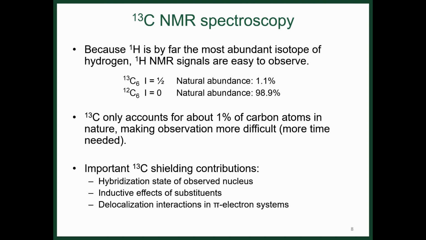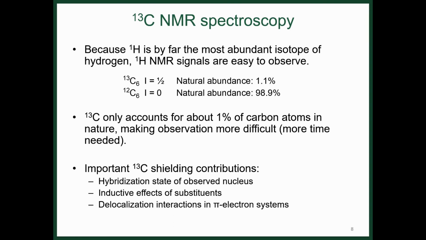With carbon-based species, we only see 1% has C13. So C13 in our sample is relatively low. That's only 1% of the carbon atoms in our sample that we run on NMR that is responsive to the NMR experiment. The other 99% of the carbon atoms are C12 versions, and these are not responsive to the NMR experiment.